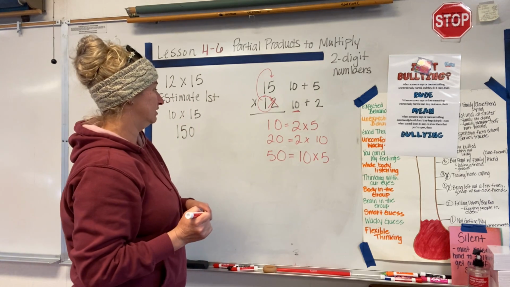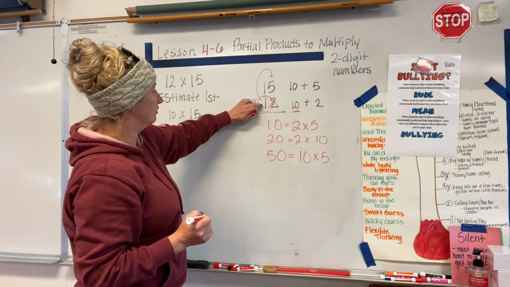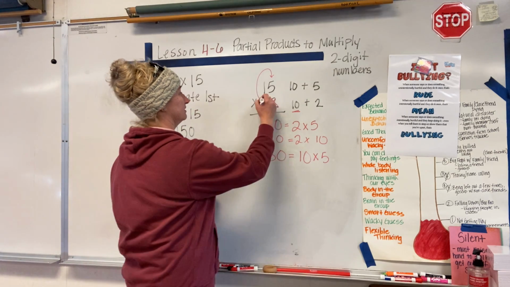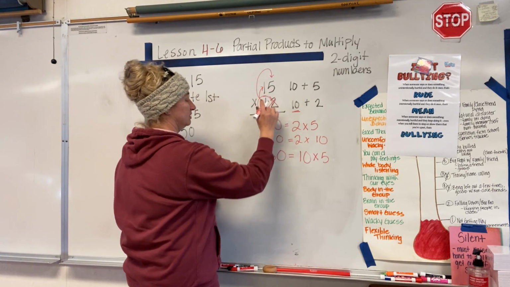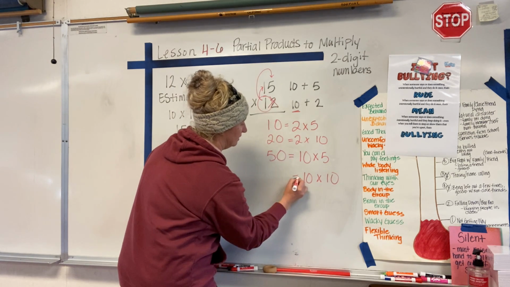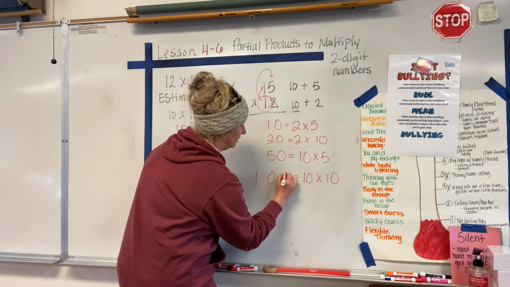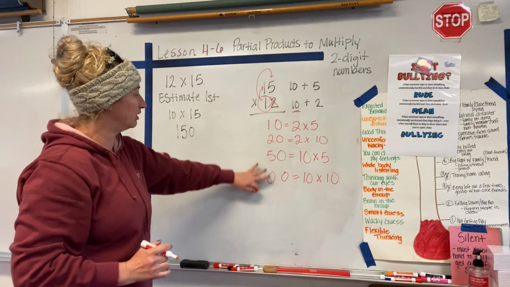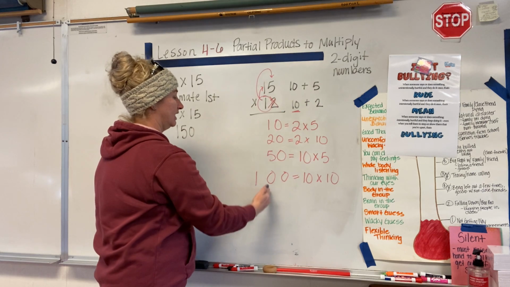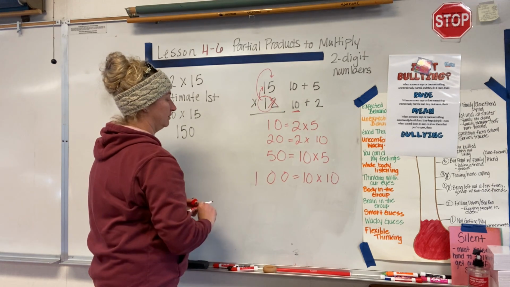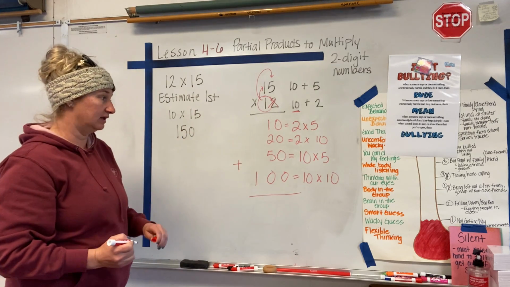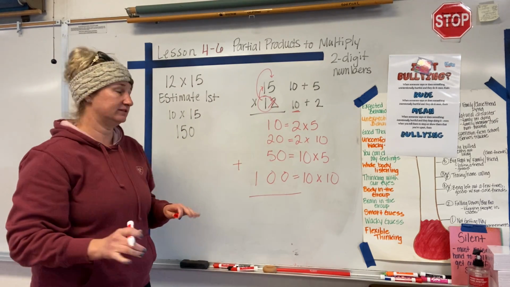All right. And then you're going to multiply the 1 in the tens place here by the 1 in the tens place here. So that's going to be 10 times 10, which is 100. Okay, so when you write your partial products, you need to make sure that all your ones are lined up, all your tens are lined up, all your hundreds, so that when you add all your partial products together, everything's in the right place.